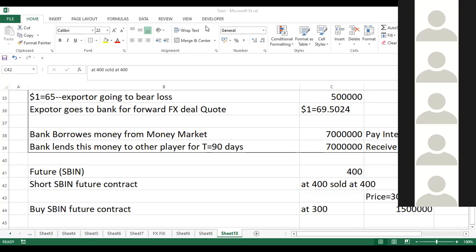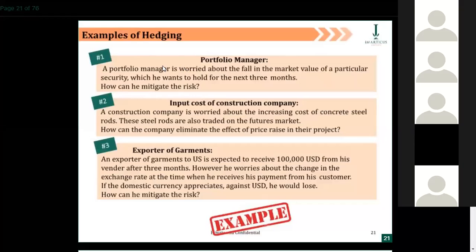As a portfolio manager, you are worried about a fall in the market value of a particular security which you want to hold for the next 3 months. You are already holding a security in the portfolio, but you have this fear factor: if I hold this security and it falls in value, what will happen?